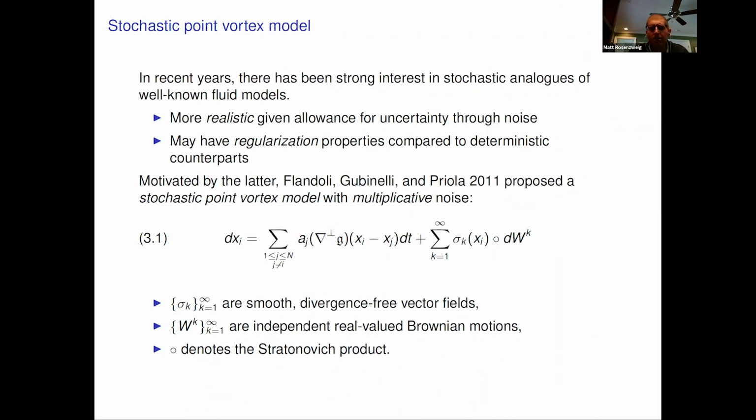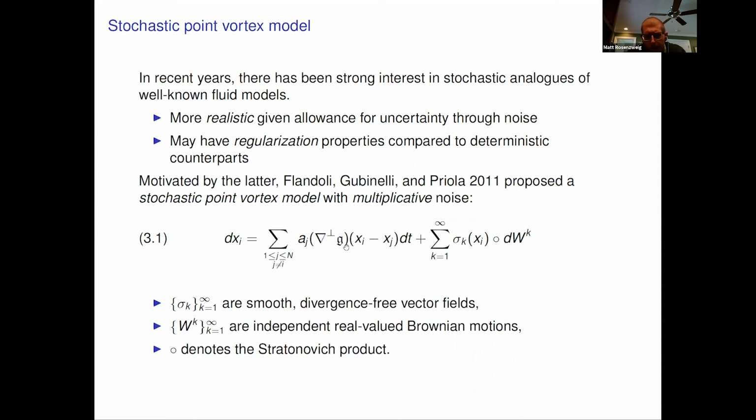And motivated by this latter prospect, Flandoli, Gubinelli, and Pirola in around 2011 proposed a stochastic point vortex model with multiplicative noise. So this is given by equation 3.1.